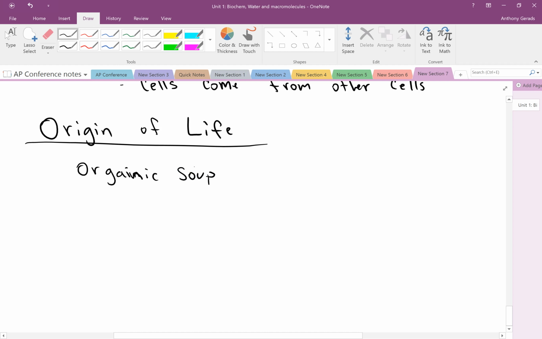The organic soup model is saying that in the aquatic environment, because there was water back then, we had the basic molecules, like methane, ammonia, hydrogen, and CO2.